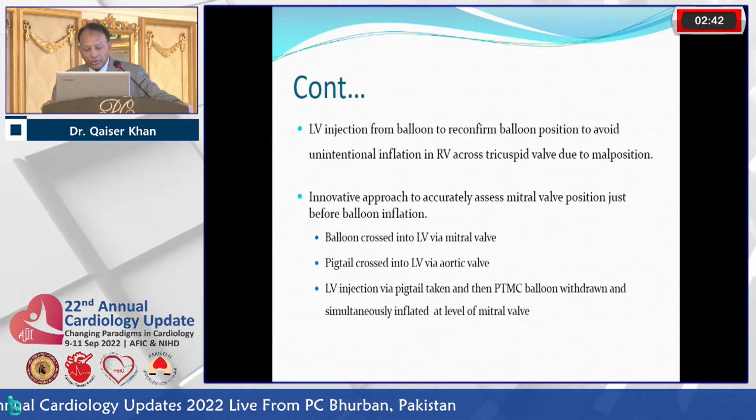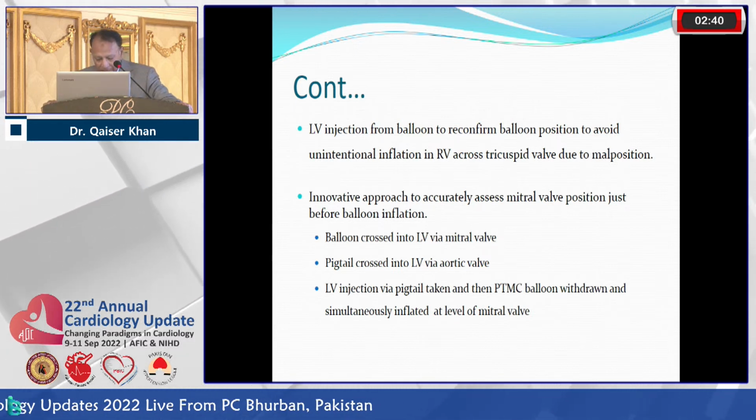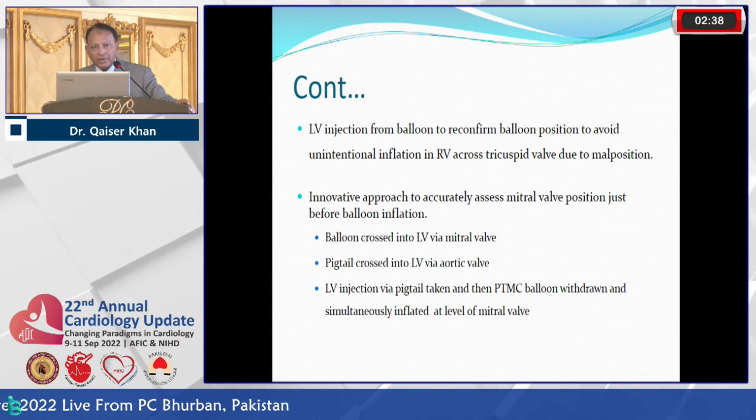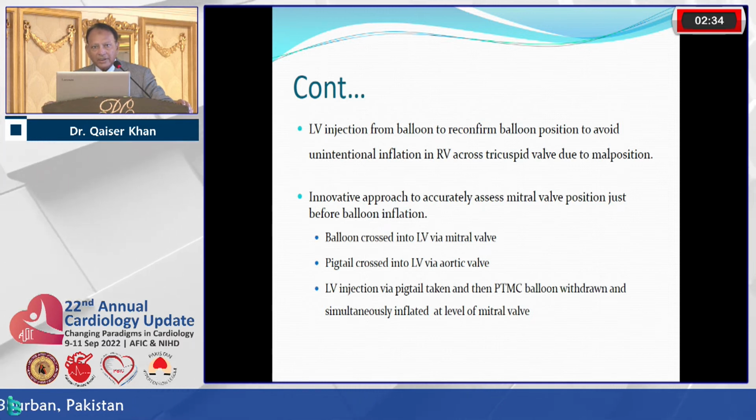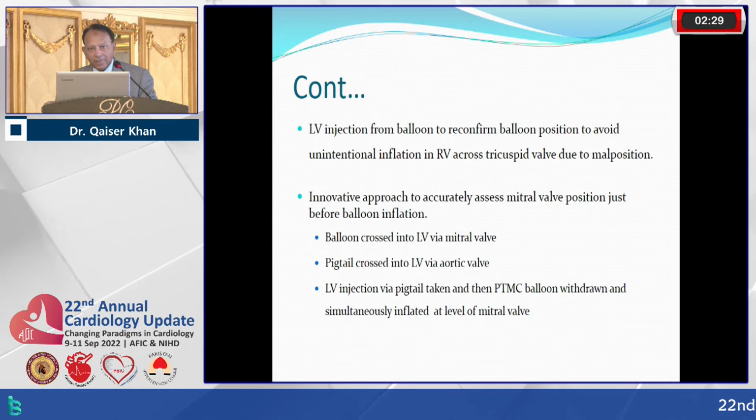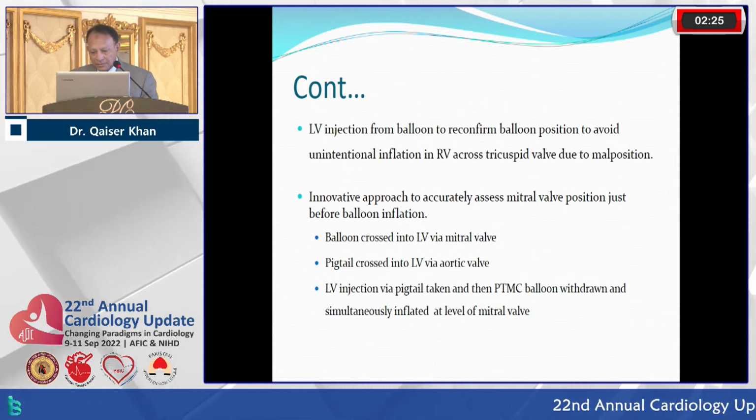Normally, if you don't take the aortic pigtail catheter, you do it blindly. When the balloon is stuck, we think it's the mitral valve. But if you combine with Aziz's procedure, you are sure that you are at the level of the mitral valve.